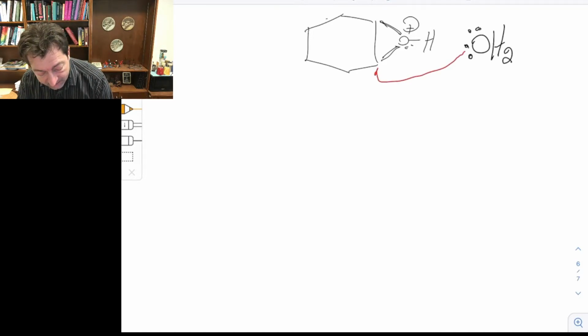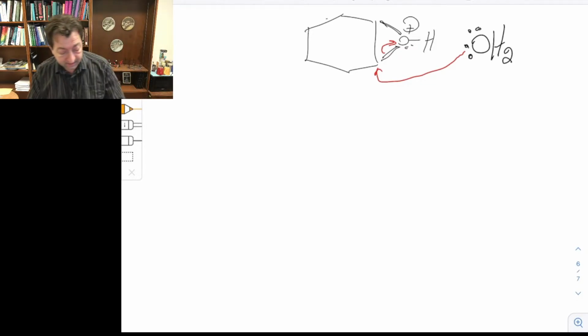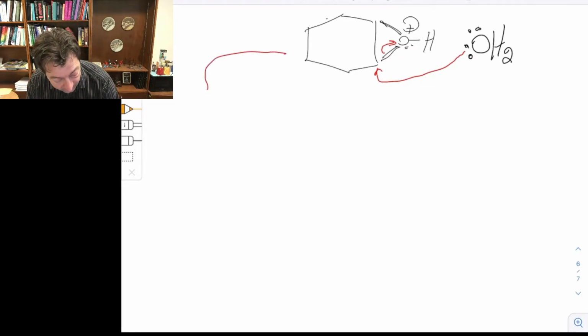So we can imagine one pathway here that I'll draw in red, where a lone pair of electrons on that water comes in to attack the back side of that carbon atom, ring opening that epoxide on a pathway that looks like this.